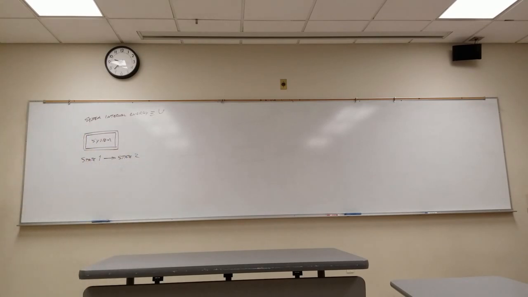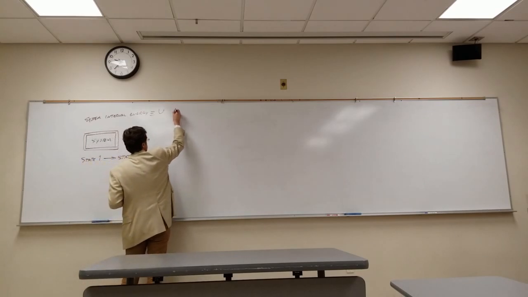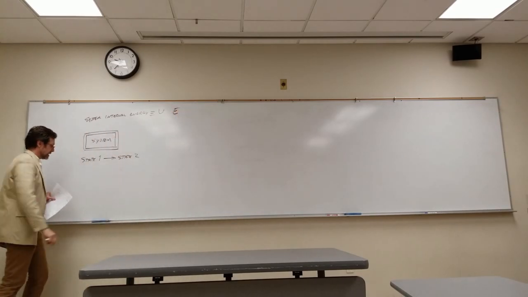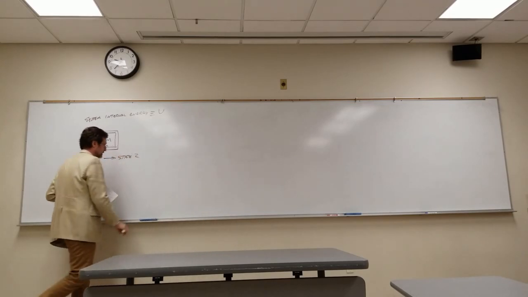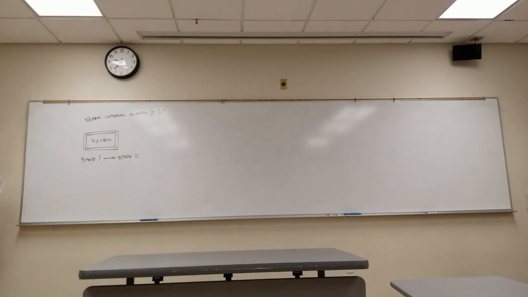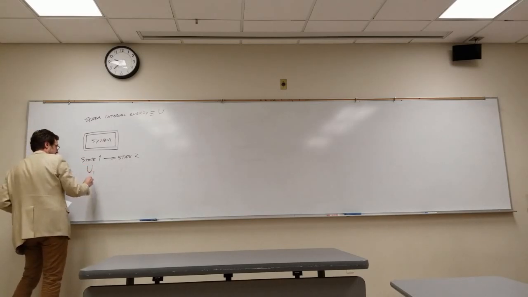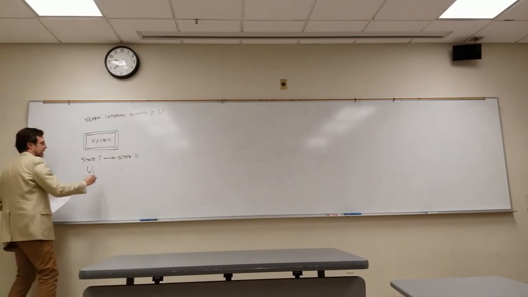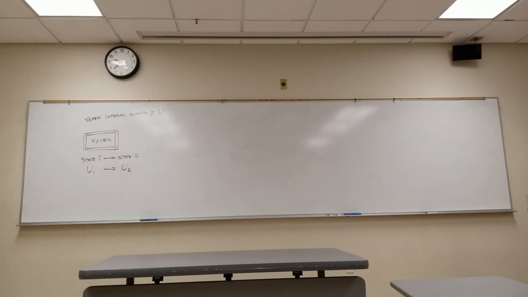U also is not necessarily the only variable. In many textbooks, you'll also see E, but I'm going to be using U in this class. E has other implications, for example, electric field. So we're going to use U. So if we talk about this system, we say at state 1 it has energy U1, and that changes to energy U2.